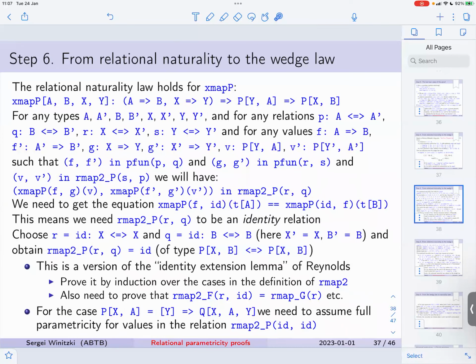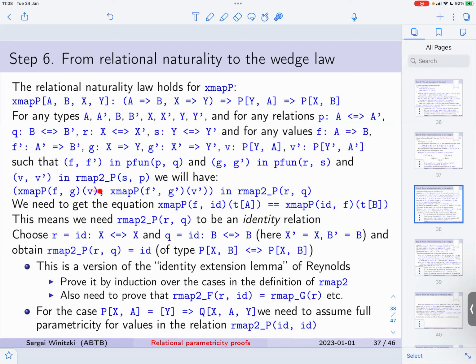And then we say, well, if f, f prime is in that relation, g, g prime is in that relation, v, v prime in that relation. Now, notice here we need simultaneous lifting of S and P in order to represent this part, because it has 2 different type parameters.